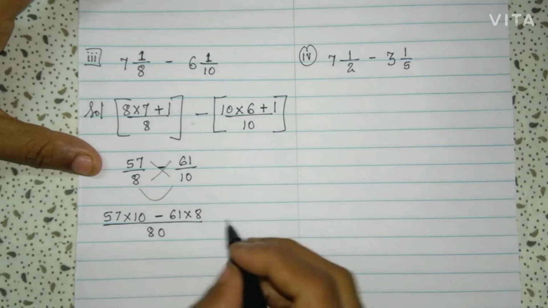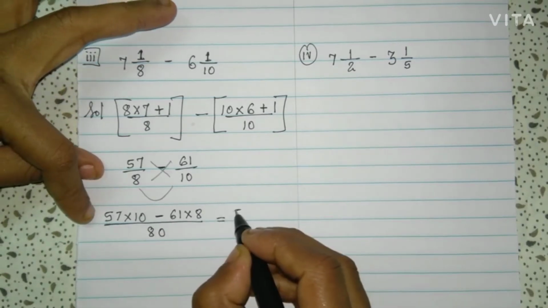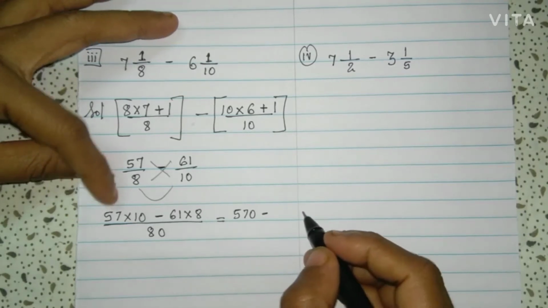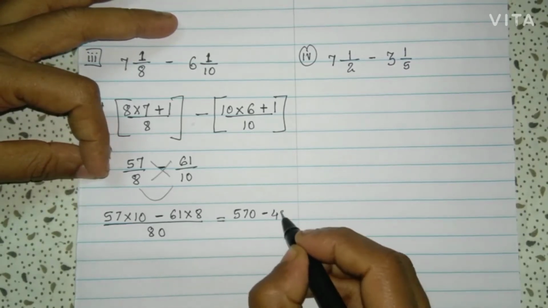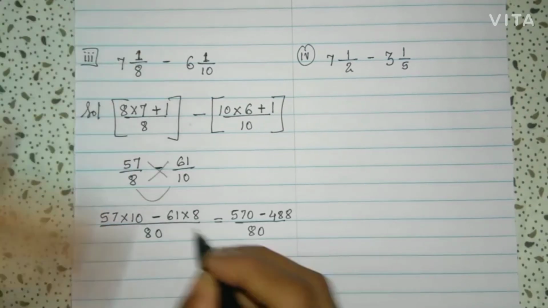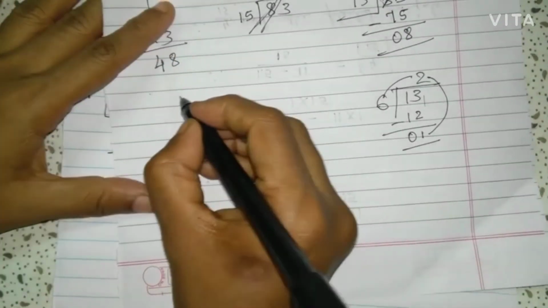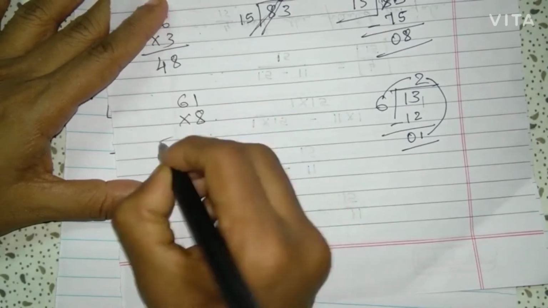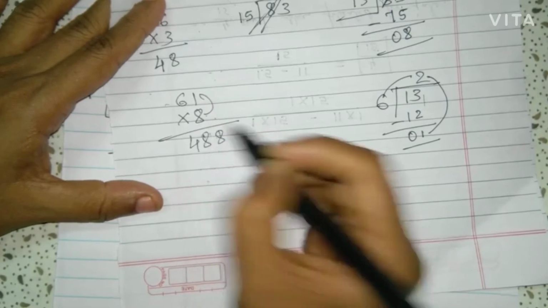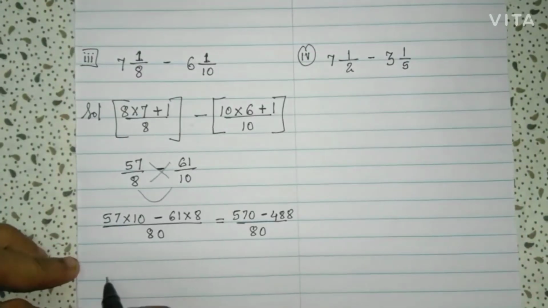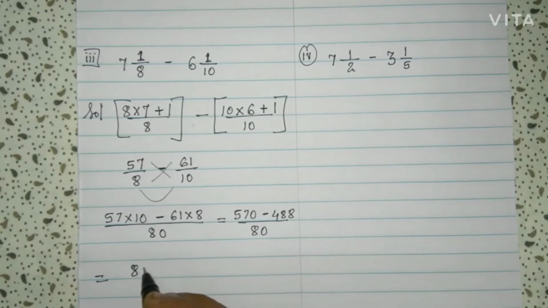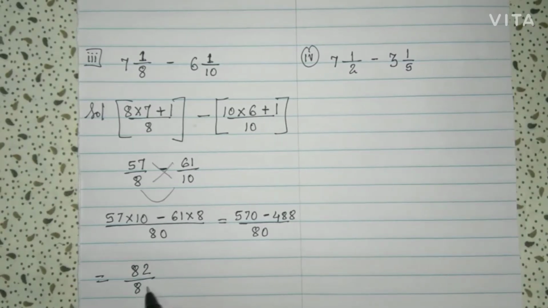So you get 570 minus 61 into 8, 488 upon 80. See, I did orally. You simply use your rough column and do multiplication. 8 1s are 8, 8 6s are 48. Okay. So, after doing subtraction, we will get 82 upon 80.